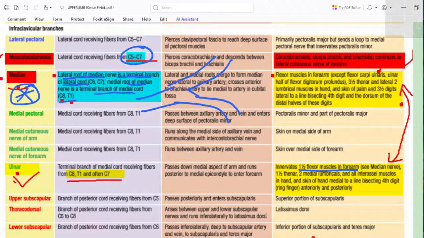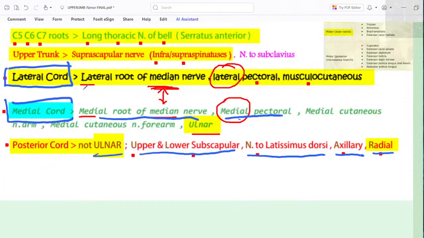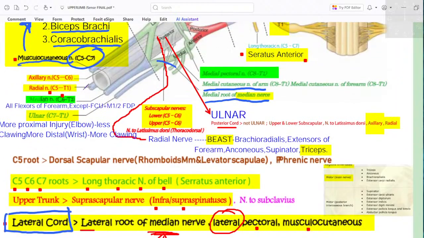Here it is written C8 T1, but actually in median nerve we will get the roots from C6. Remember the picture? Median nerve is C6 to T1.